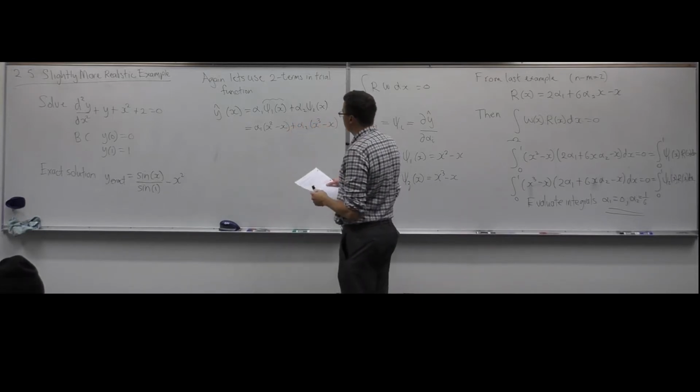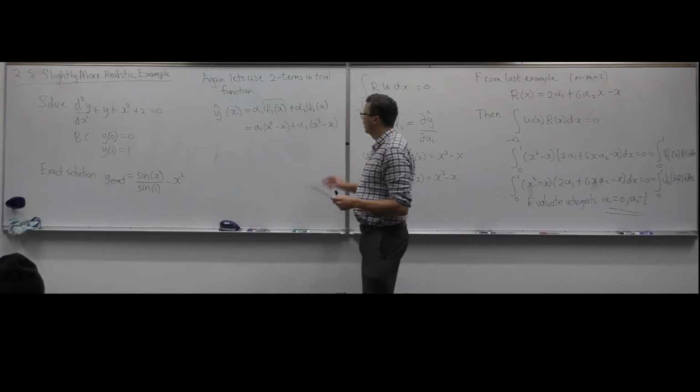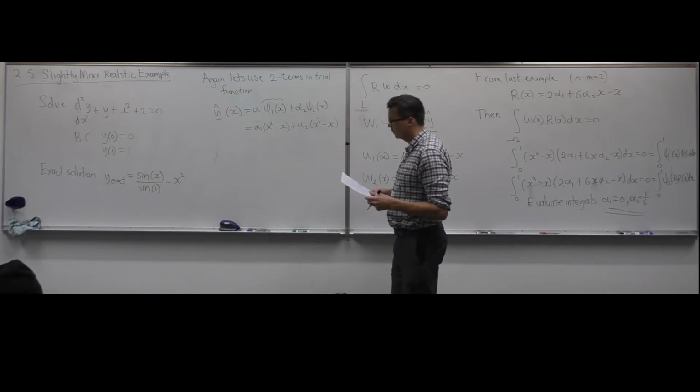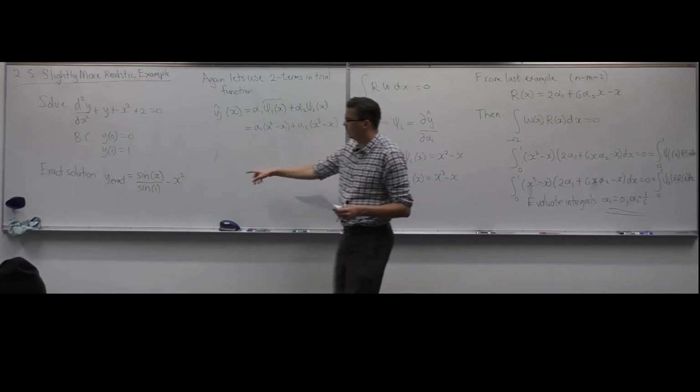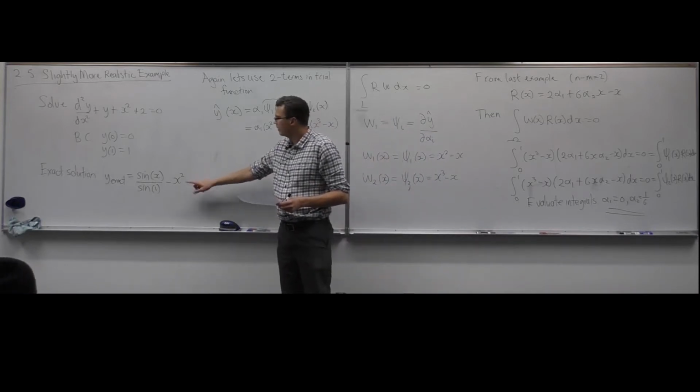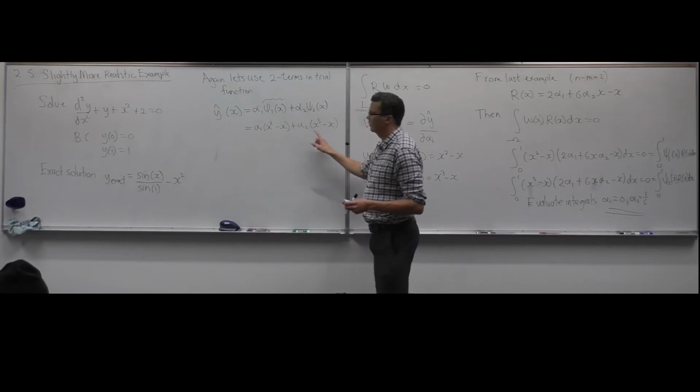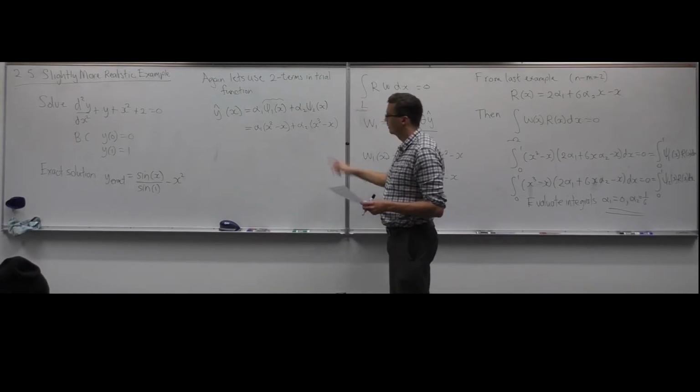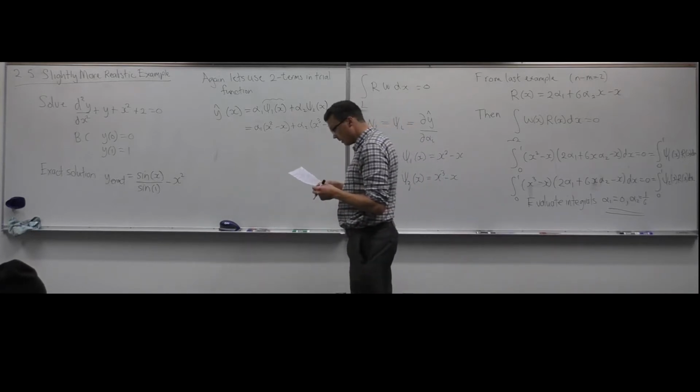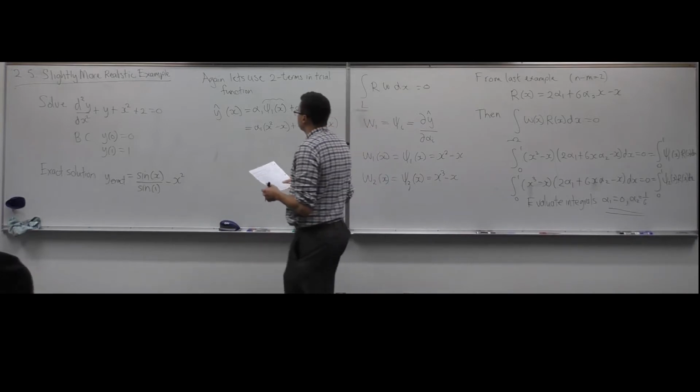So let's try using the same form of the trial function. We know that this is the real answer, but we're going to guess that it has this form, and see how close we can get. Okay, so that's our trial function.